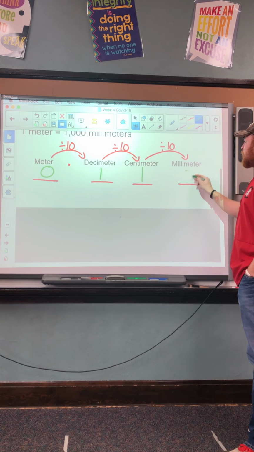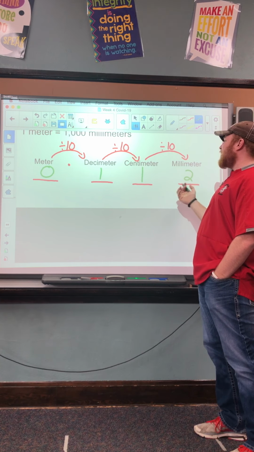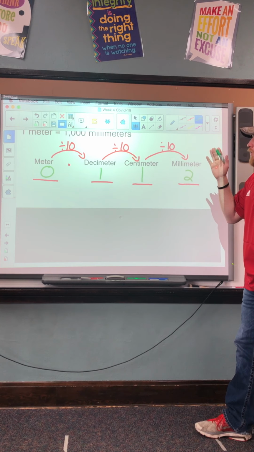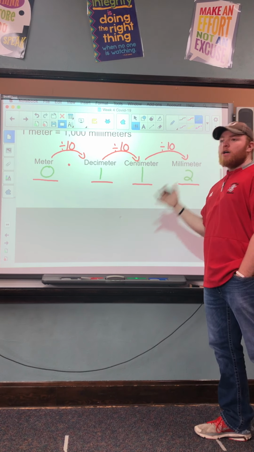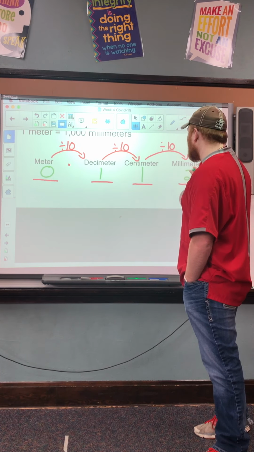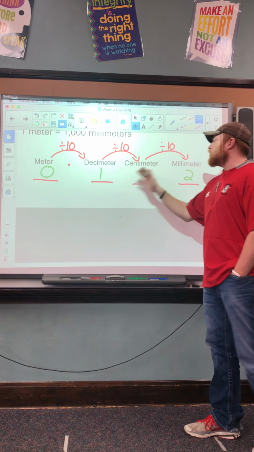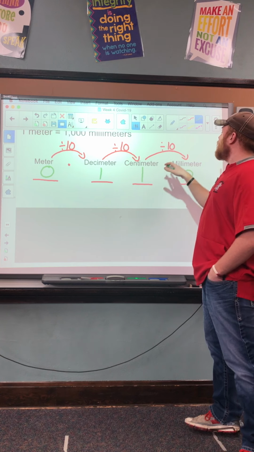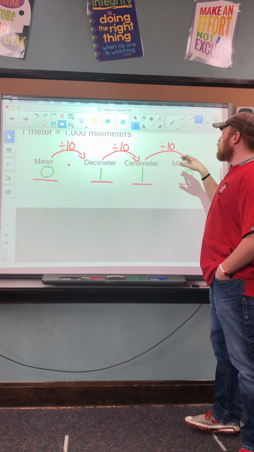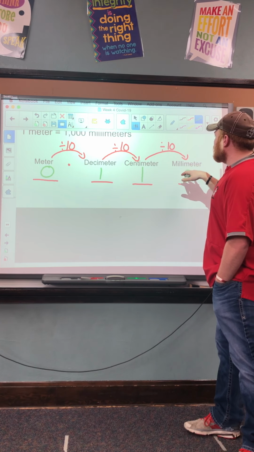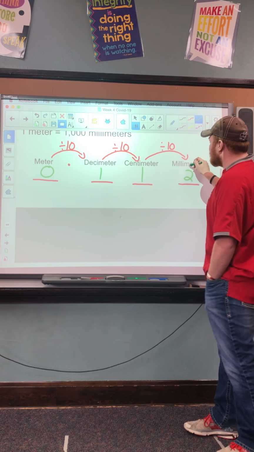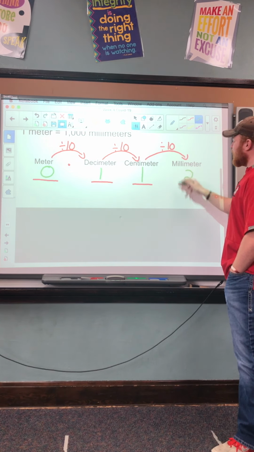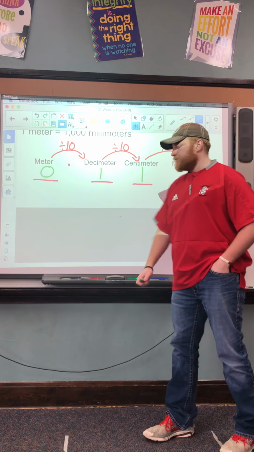And then say we have 112 thousandths of a meter. The thousandths place is the millimeters place.